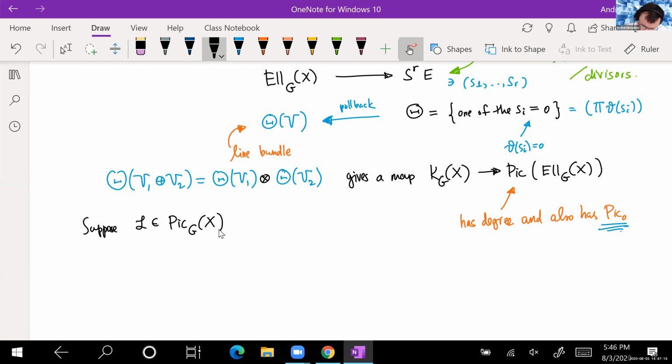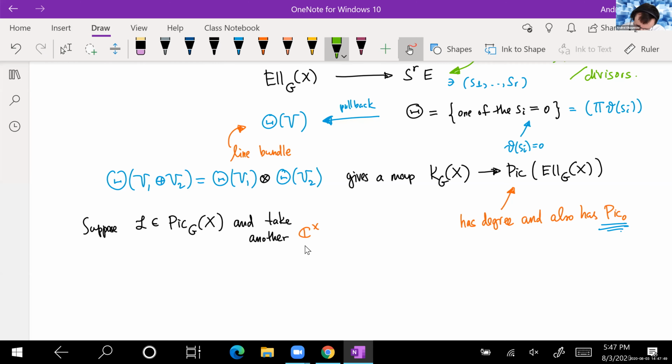And then take the group G, and take another copy, another U1 or C star, which has nothing to do with anything we considered before.